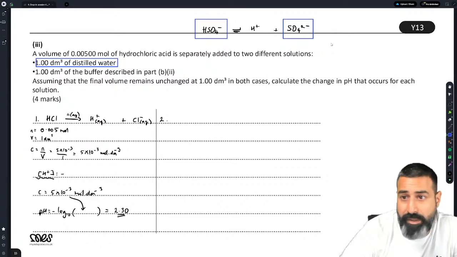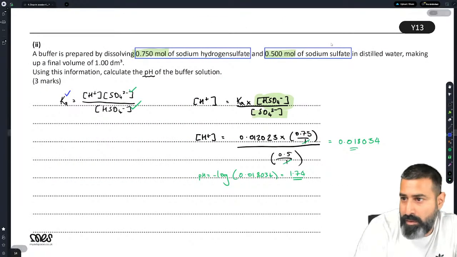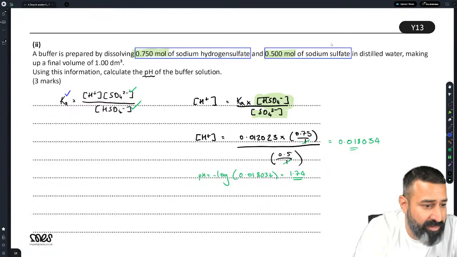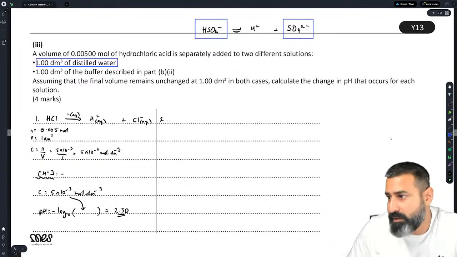Yeah, the left, absolutely. So I've got to go back because I need to know how much SO4 2 minus I have. So how much SO4 2 minus do I have? Okay, cool. That's actually straightforward.